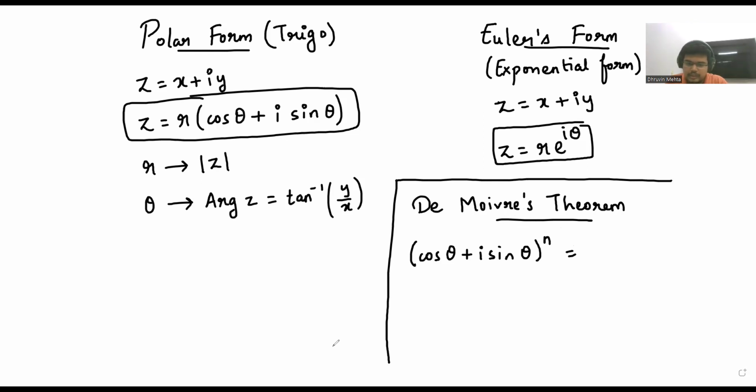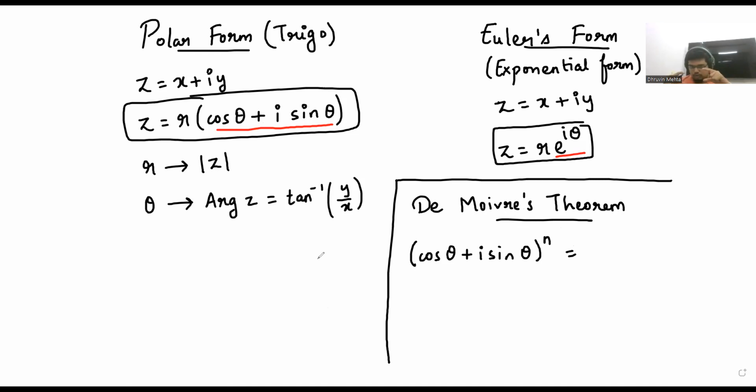Now, if you check the polar form and the exponential form, that is Euler's form, do you realize this cos theta plus i sin theta is as good as e raised to i theta, if you just compare both the forms?